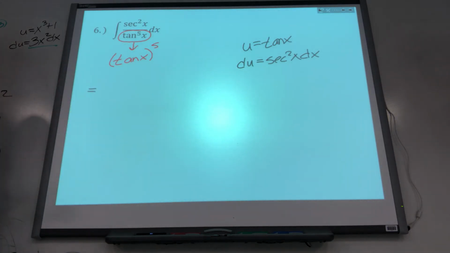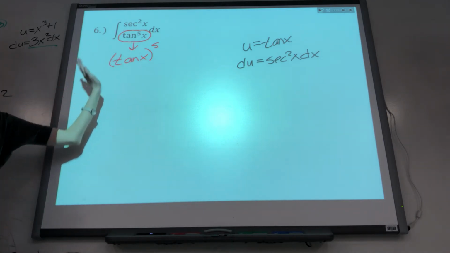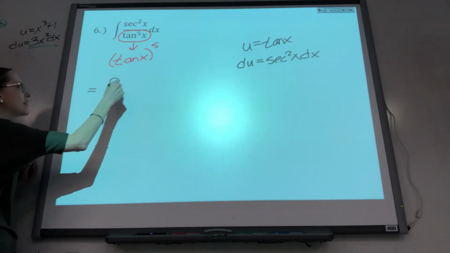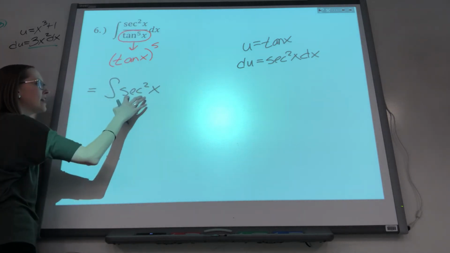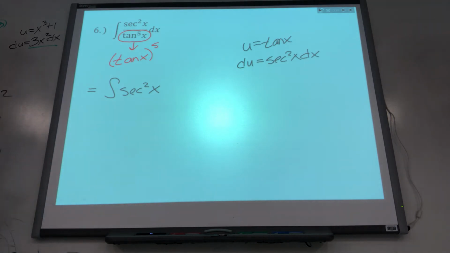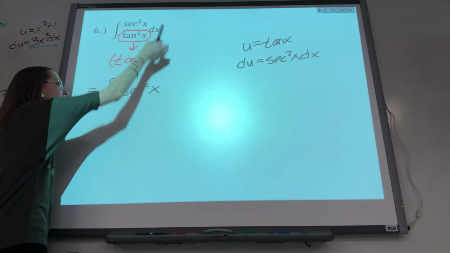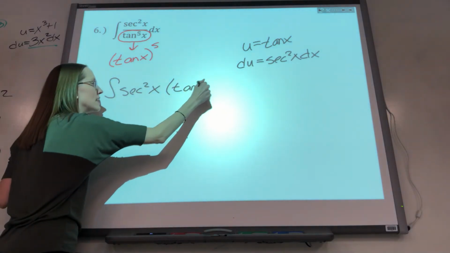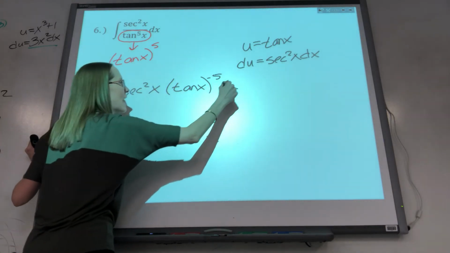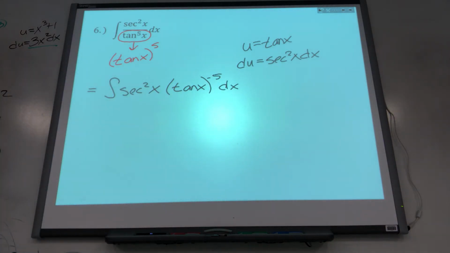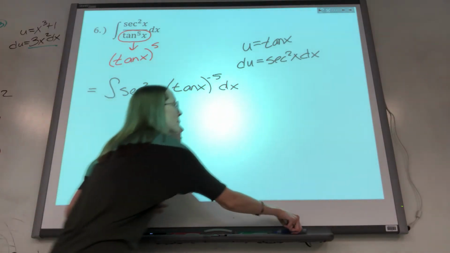Now I will say that the u is still on bottom, so you might want to rewrite this a little bit so you can see it better. I'm leaving secant squared of x alone, but if I pull that to the top, it can be tangent of x to the negative 5th power dx. That might help us a little bit when I go to rewrite this.